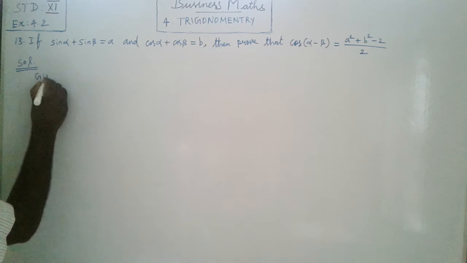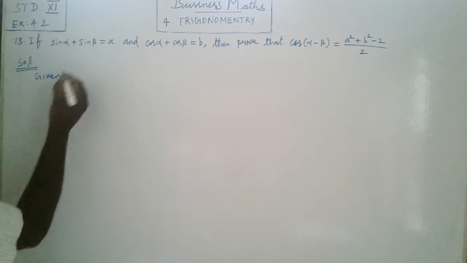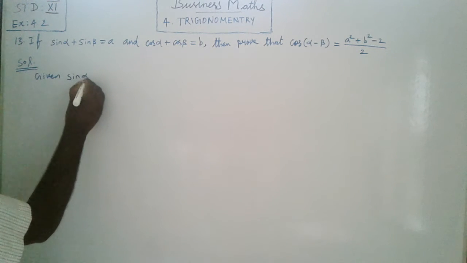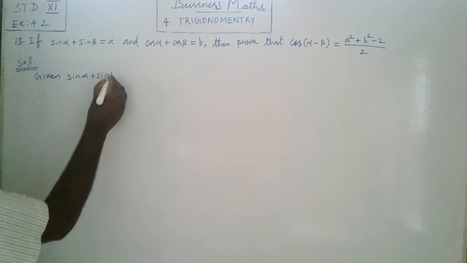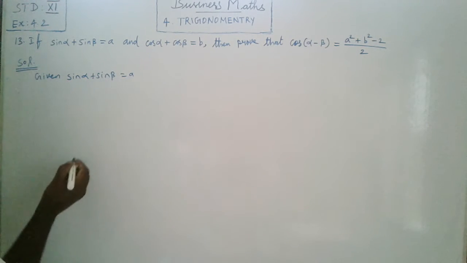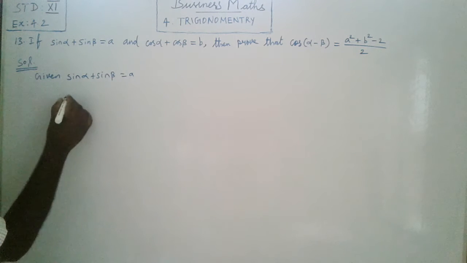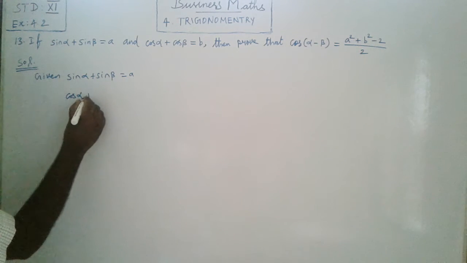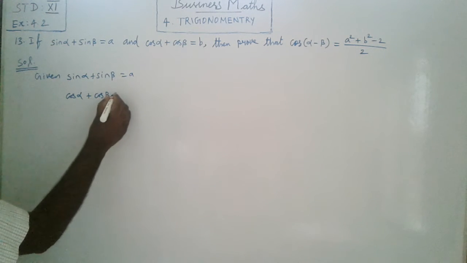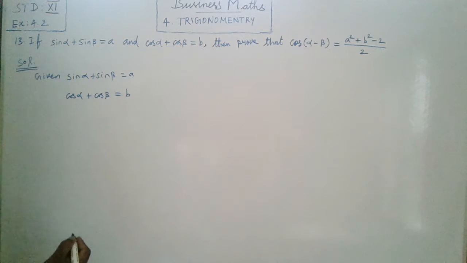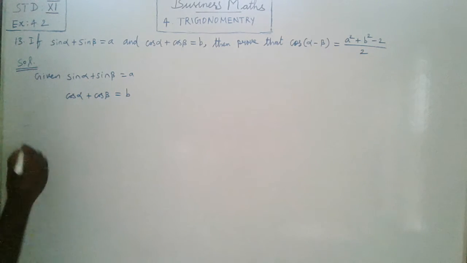Given sin alpha plus sin beta equal to A. Next cos alpha plus cos beta equal to B. Then prove that cos(alpha minus beta) equal to A square plus B square minus 2 divided by 2.